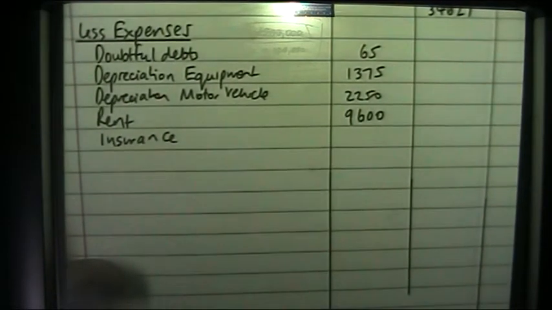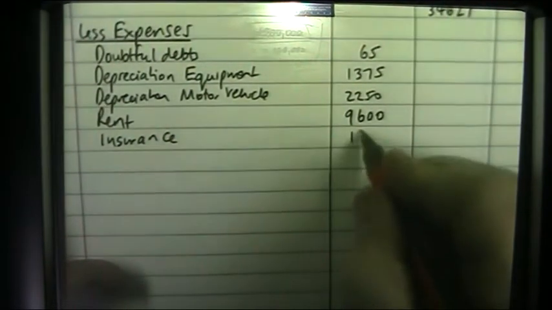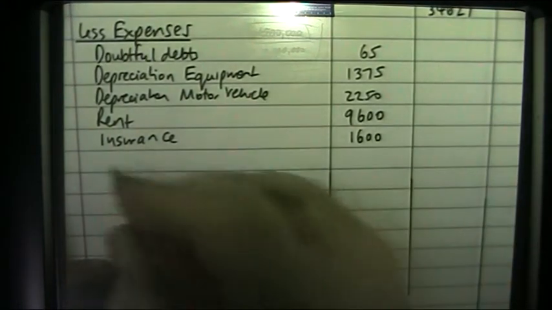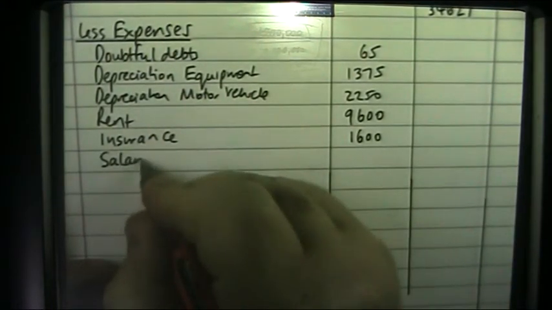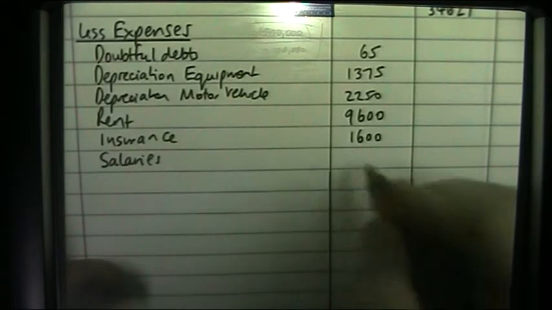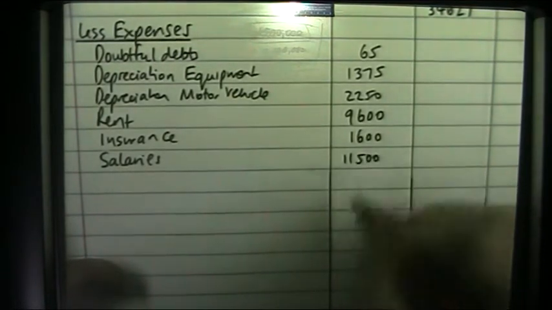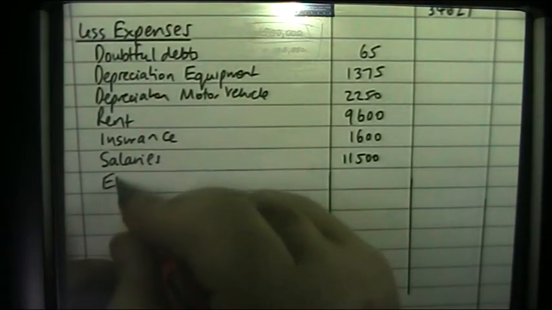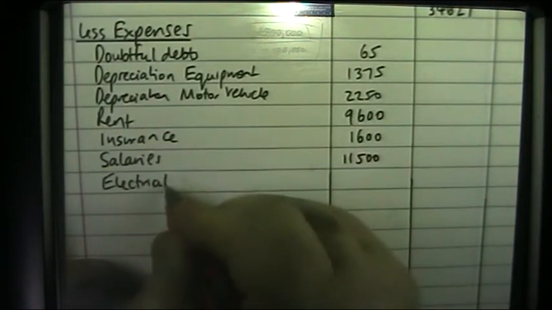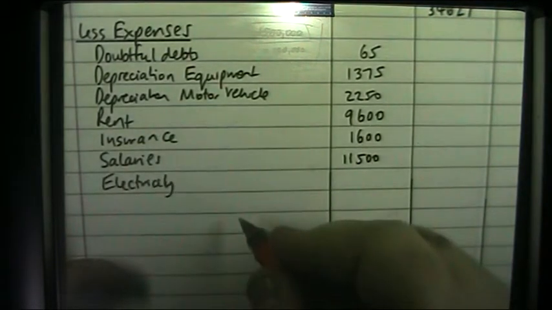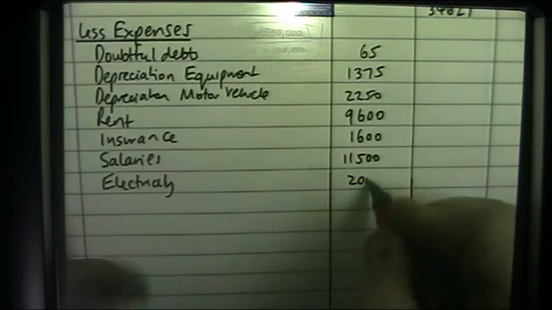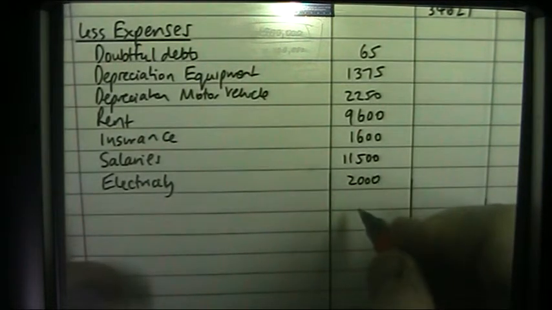Insurance is 1,600 once I've done my adjustment. I've got salaries, which are 11,500. I've got electricity, which is £2,000. There's an accrual there as well.